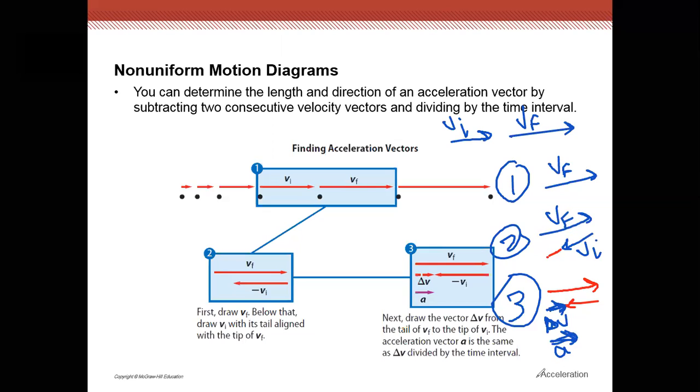And this leads us to an important thing. When velocity and acceleration have the same direction, it means the object is speeding up. But when acceleration and velocity are in opposite directions, you can say that the object is slowing down. Okay? So in general, how can you tell that the object is speeding up?